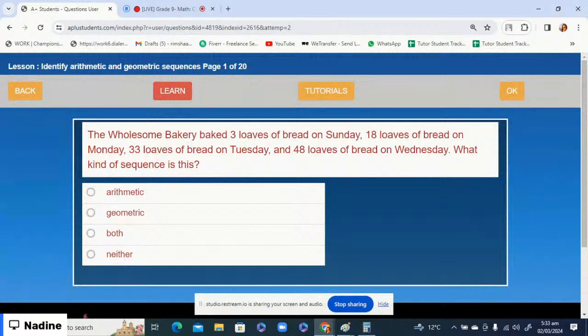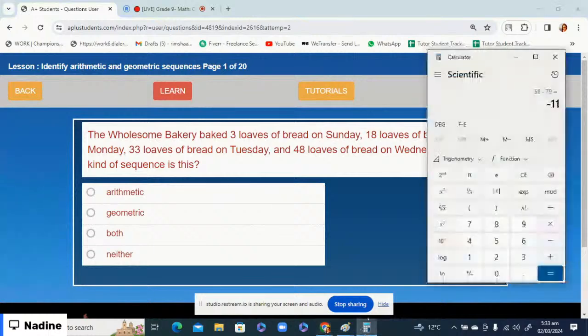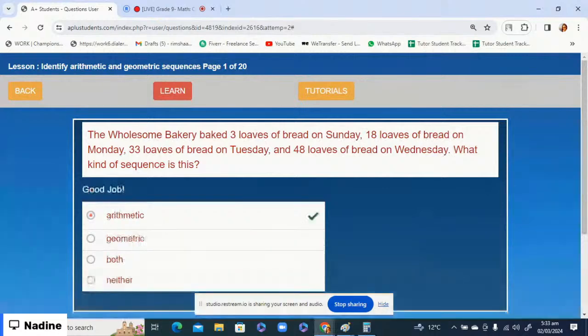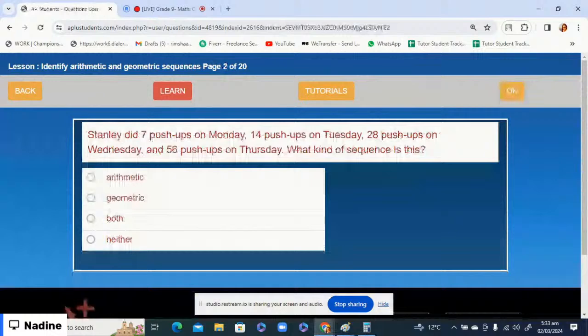Let's find the difference. 18 minus 3, what's the answer? That is 15. Then 33 minus 18, it's again 15. The difference is common, so it's an arithmetic sequence. There is no geometric sequence because there is no common multiple.